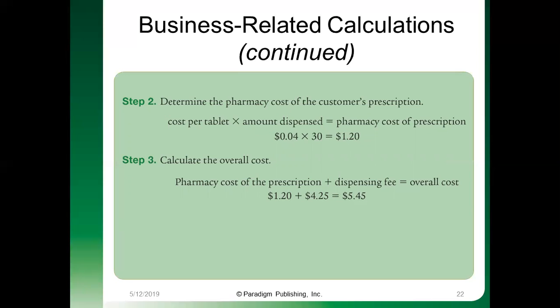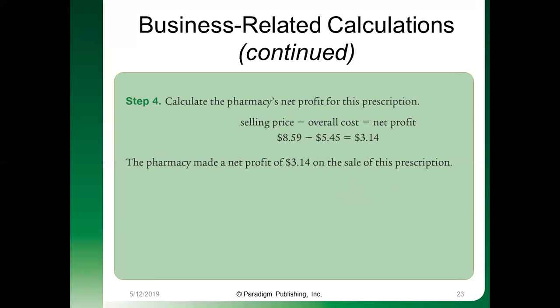That will give us the overall cost. So $1.20 plus $4.25 is $5.45.